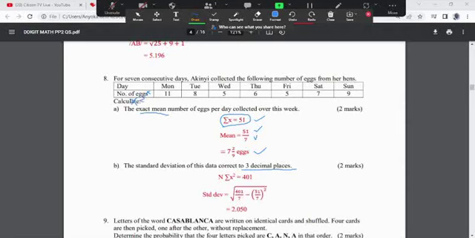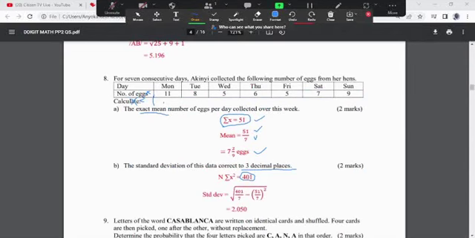So we square the x. This gives us 121, 64, 25, 36, 25, 49, 81. You add all of them, you will get 401. 401 is coming from the squares of x.